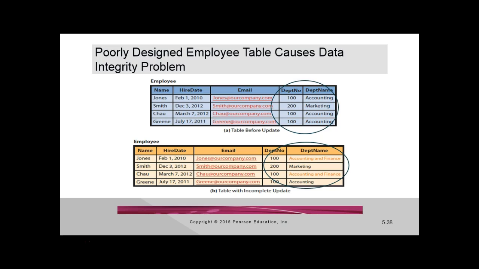Department number would be over here and would point to this department number. This would be a primary key, this would be a foreign key. So if the department name changed under this structure, how many places would I have to change it? Just once, right?